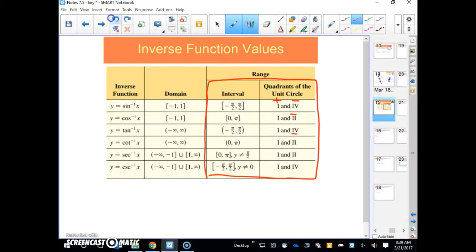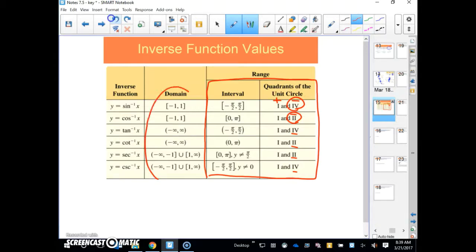The second one is always where we are talking about the negative values. Quadrant 1 is always going to be positive. So when you get a positive value, it's always going to be in quadrant 1. That's going to be the easy part. But you're going to have to look at these intervals so that you know where to put down an angle for a negative input.